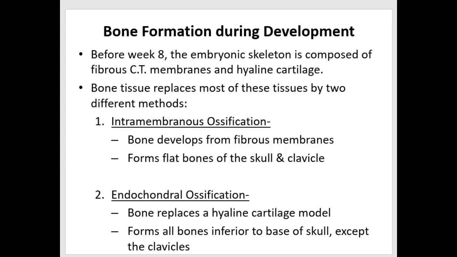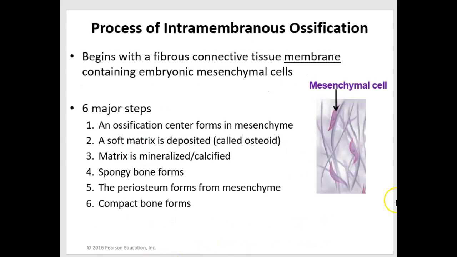So long bones, short bones, and a few flat bones and irregular bones. Not the flat bones of the skull and not the clavicles. So we're going to start with that one, intramembranous ossification.